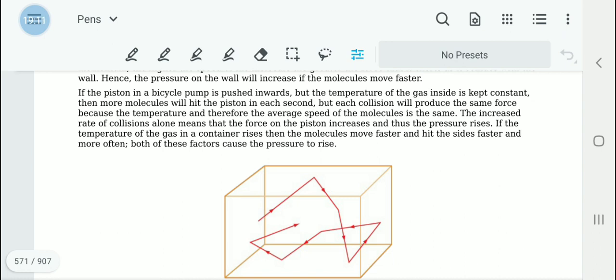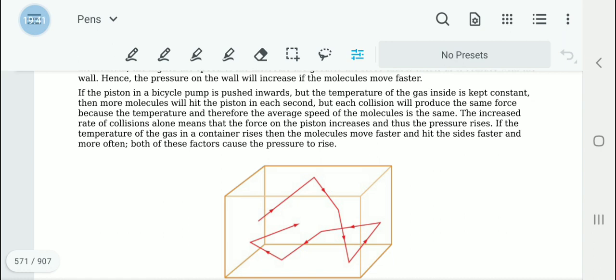Because the temperature is constant, so the average speed is going to be the same, right? But there will be an increased rate of collision. Without talking about the temperature itself, we can say that the pressure is rising because there are more collisions, right?